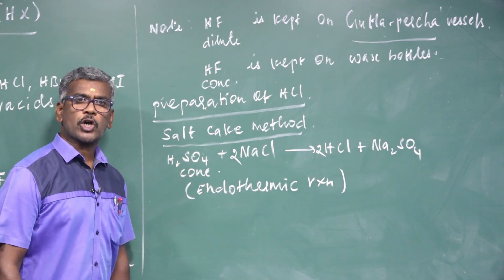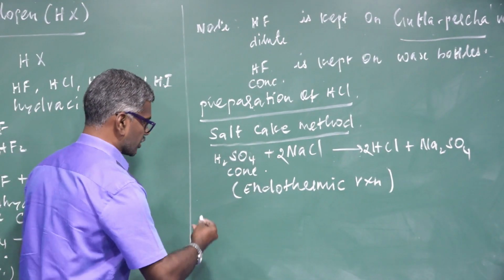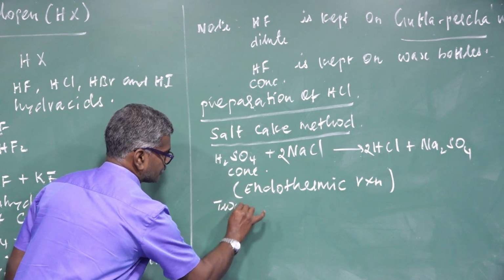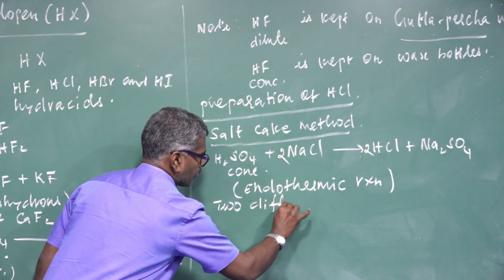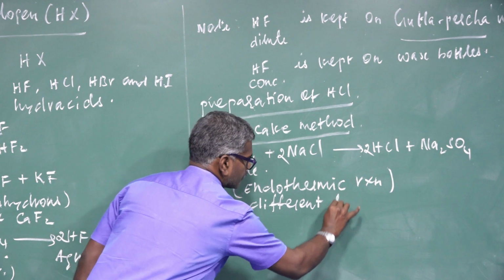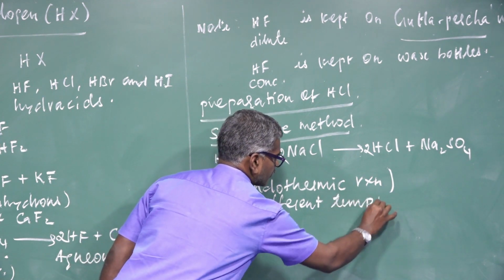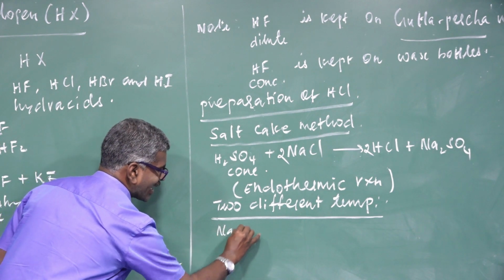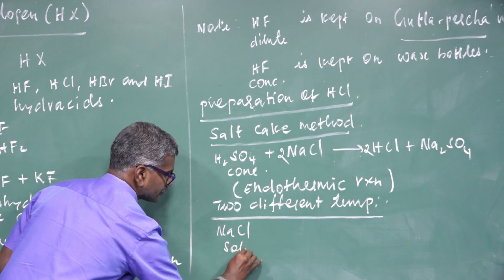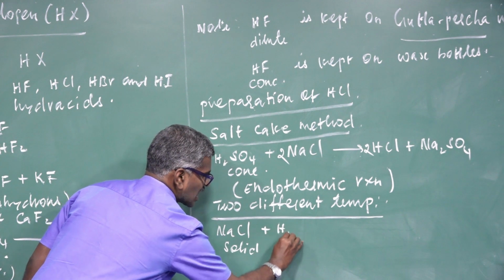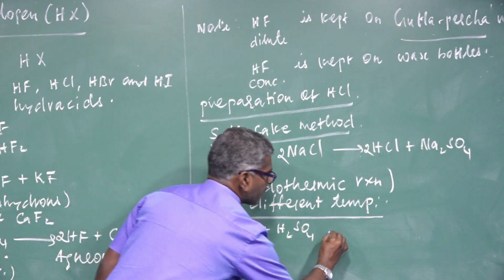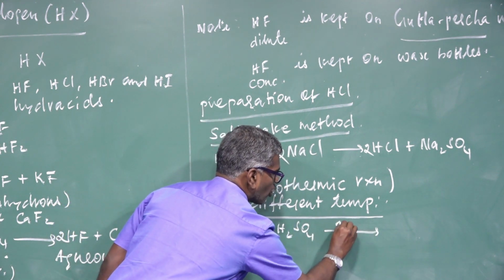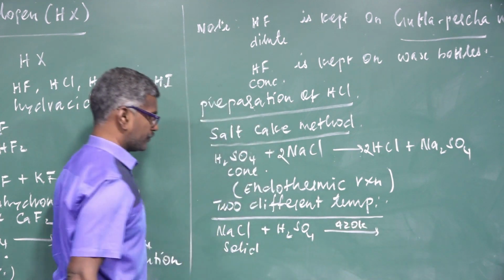This reaction is followed at 2 different temperatures. First, solid sodium chloride reacts with sulfuric acid, maintained at a temperature of 420 Kelvin.